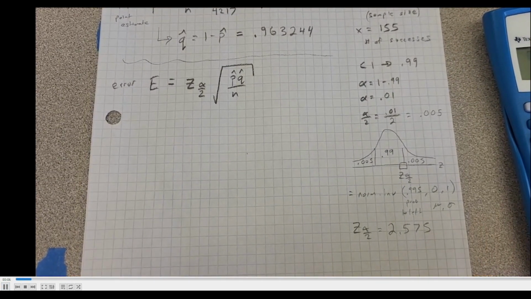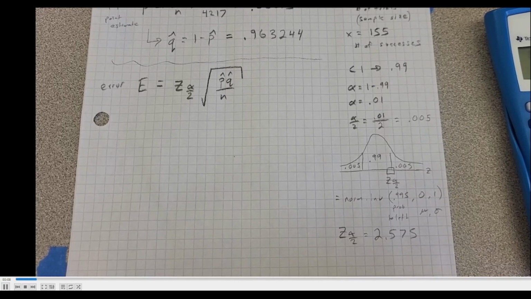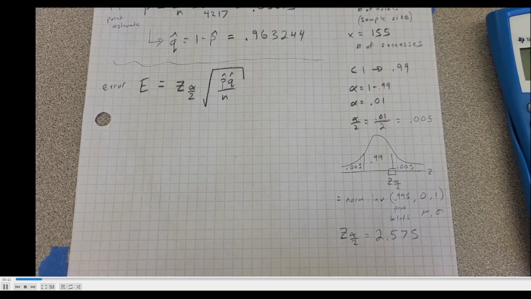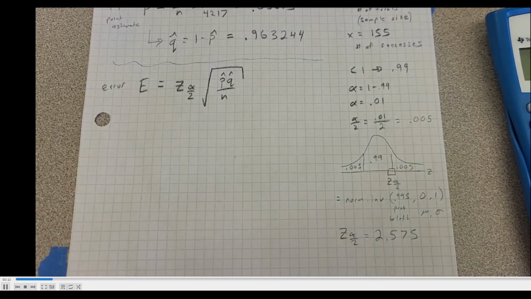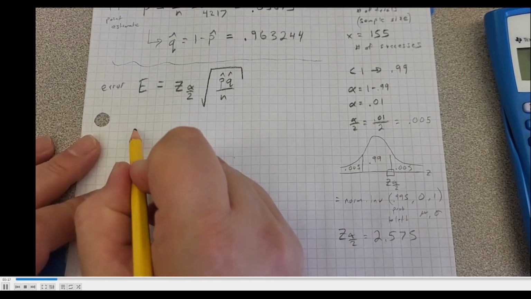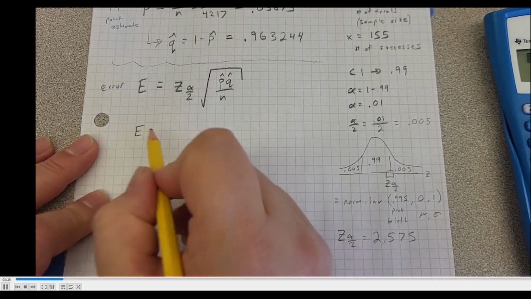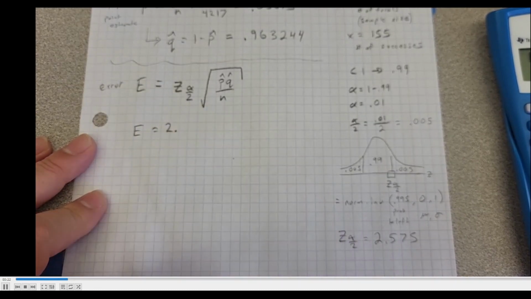The critical value we need is 2.575. That is the end of our side quest because now we have the last number that we need to calculate this error. Let's go ahead and write that out so that we can set up the formula properly.